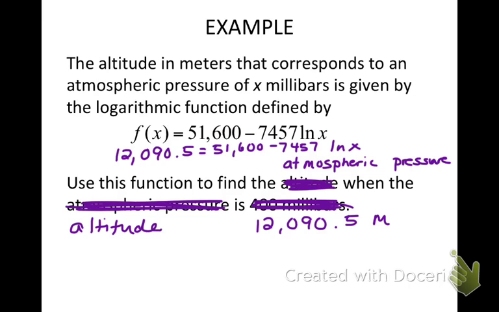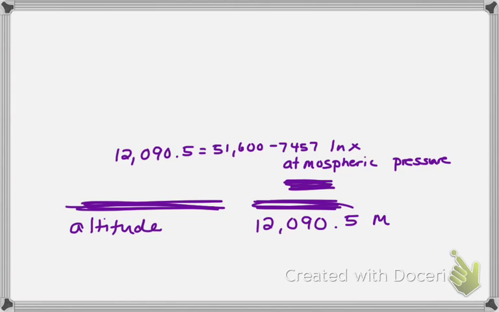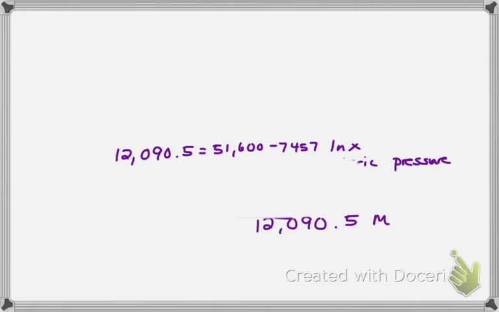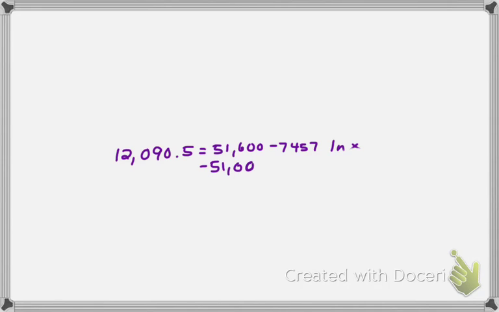So now how do I solve that equation? Okay, good idea. Let me erase this stuff so I have space. So there's my equation. If I subtract 51,600 from both sides, I get negative 39,509.6 is equal to negative 7,457 natural log of x.